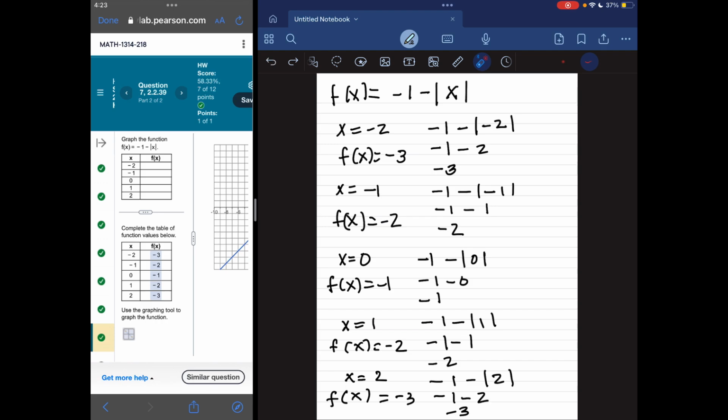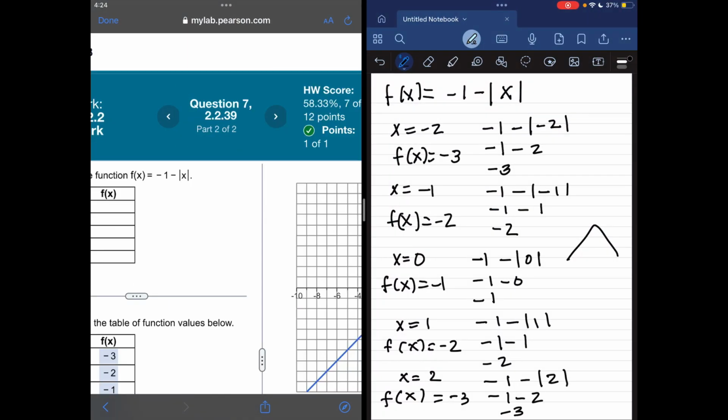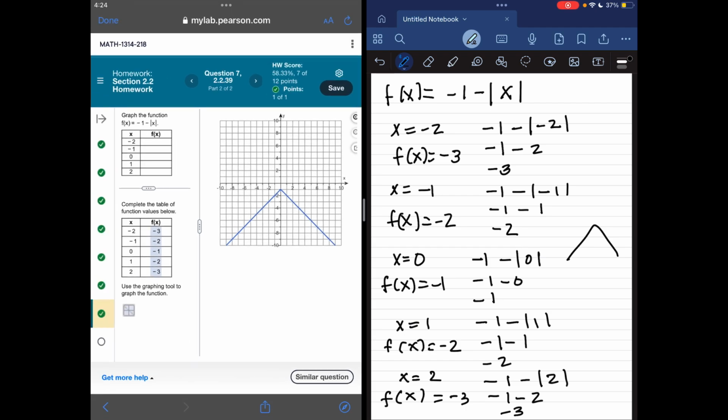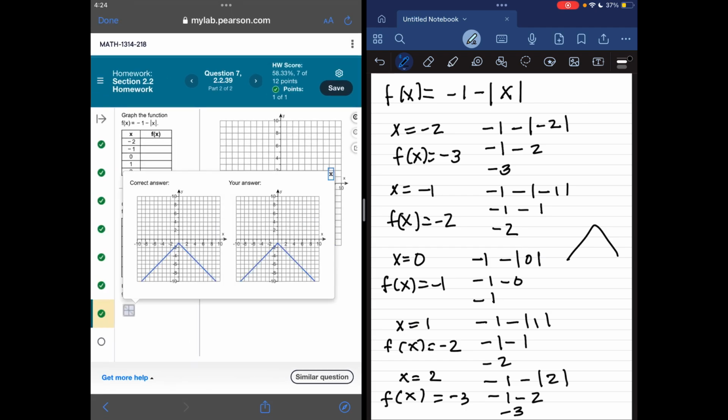So this function is going to be a vertex function. It's going to go like that. You know that it's going to be upside down when you use Desmos. So when I graphed it, here's what I chose. You go to the plane, and then it gives you the V, not the U, but the V. You want to do the vertex first.